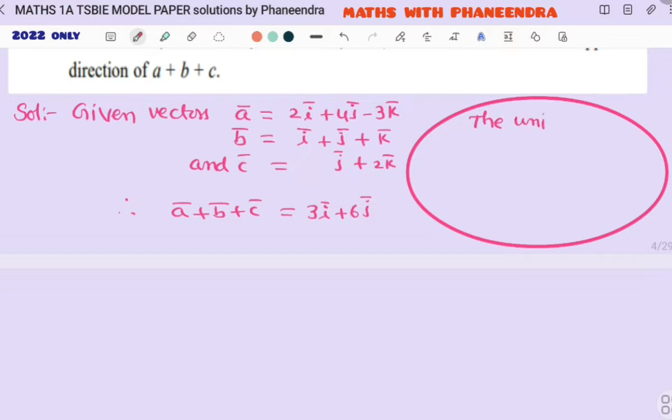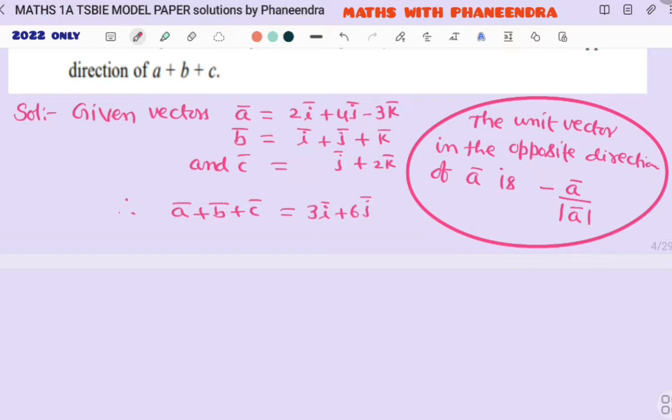The unit vector in the opposite direction of A bar is minus A bar divided by modulus of A bar.